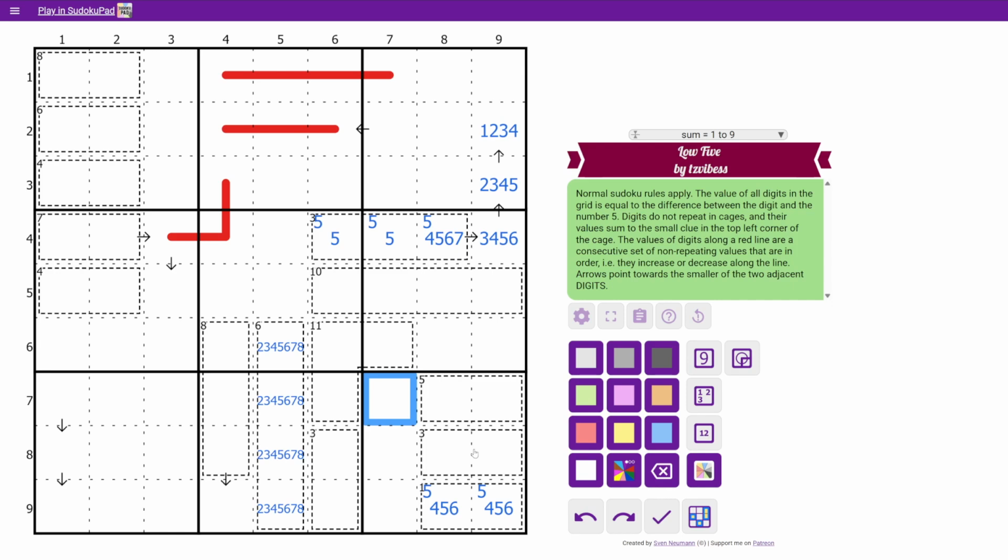Even if 6 was -1 though, this could be 1 and 6. This can be 2 and 3.